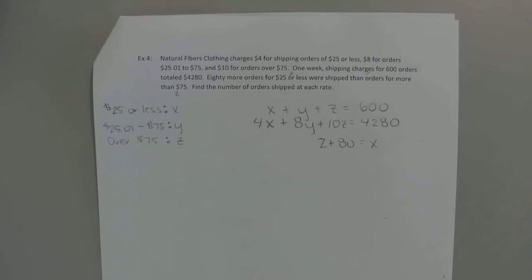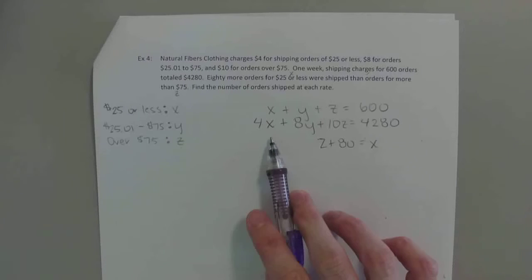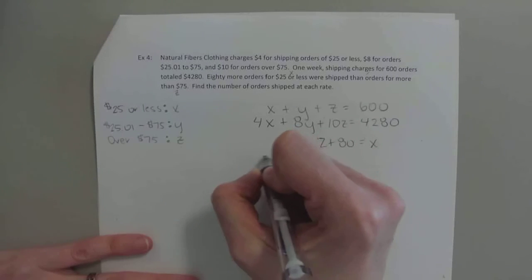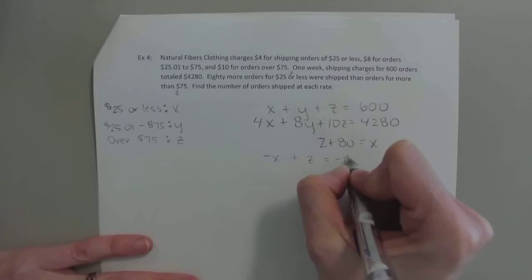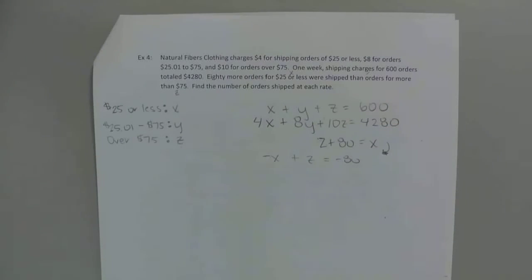So if X had more, we have to add 80 to Z just to set them even with each other. What's another way we can write this? I can rewrite this with X over here, but it would be a negative X. Do you agree? If I move him over, and then move the 80 over, really this is negative X plus Z equals negative 80. That's just another way to write it.